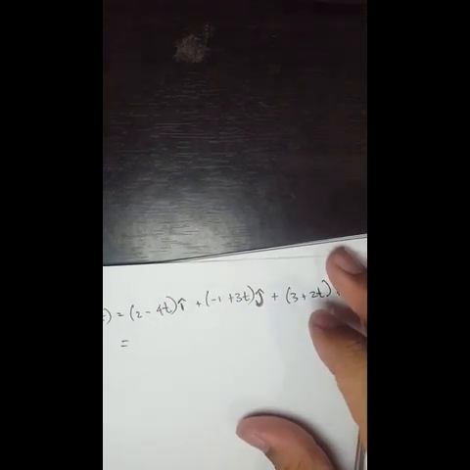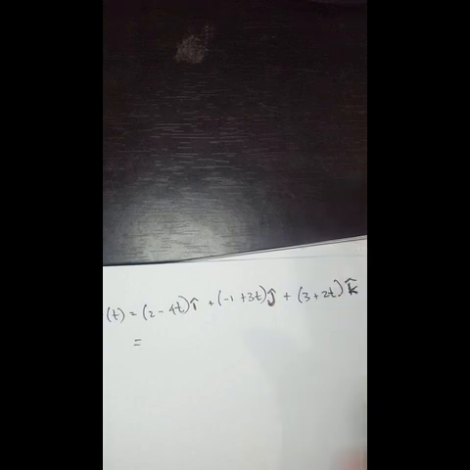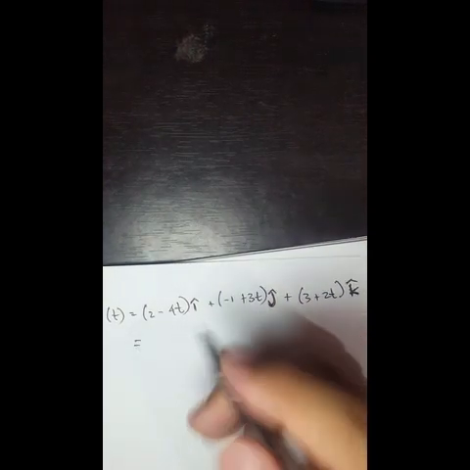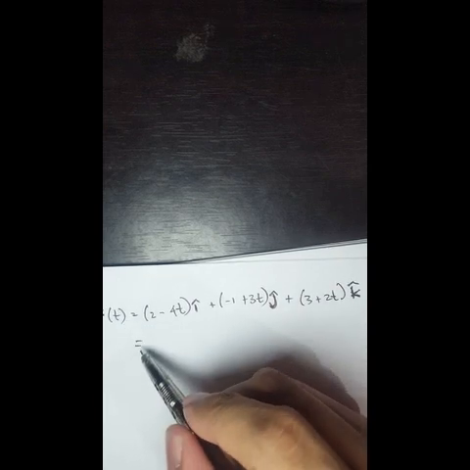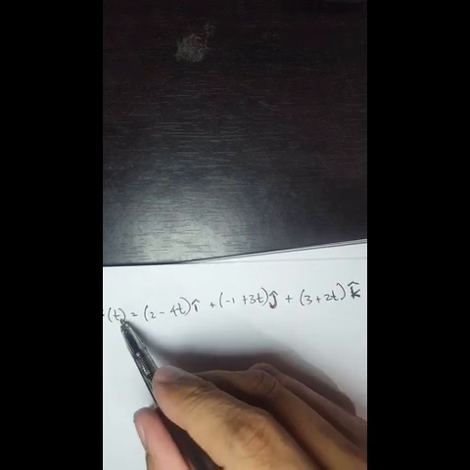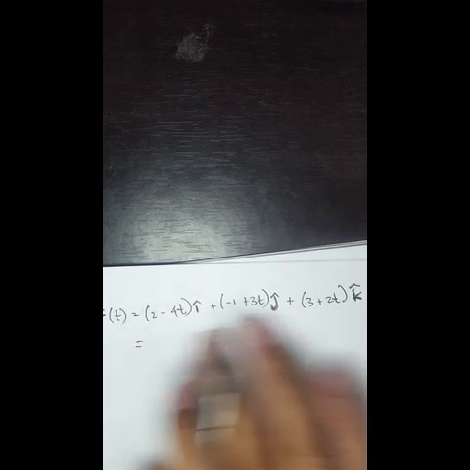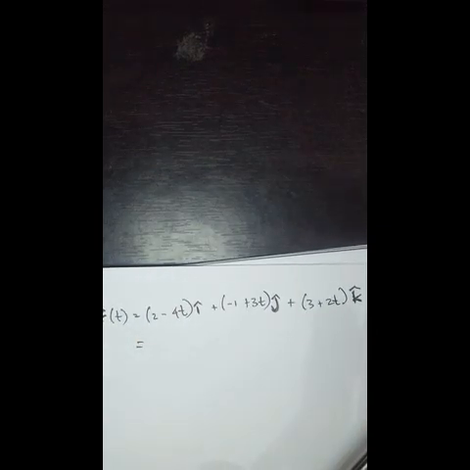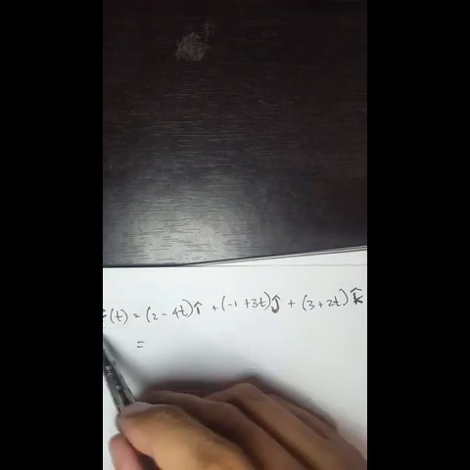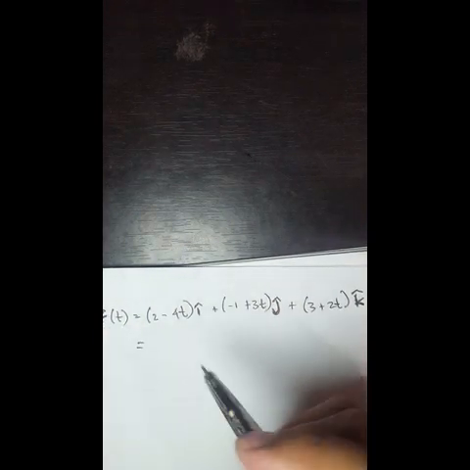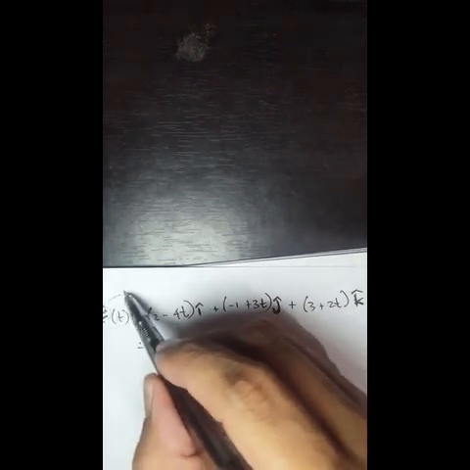If we substitute a value, for example time equal to 0, what will be the resulting vector, or the illustration of this vector r? It's actually the position vector.